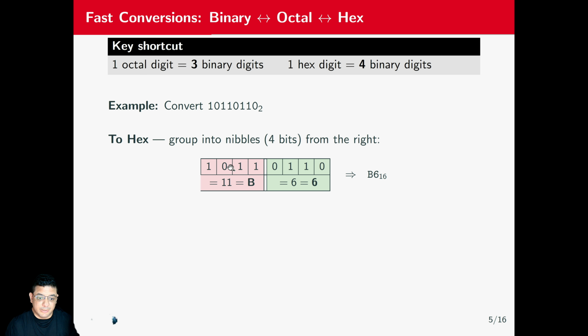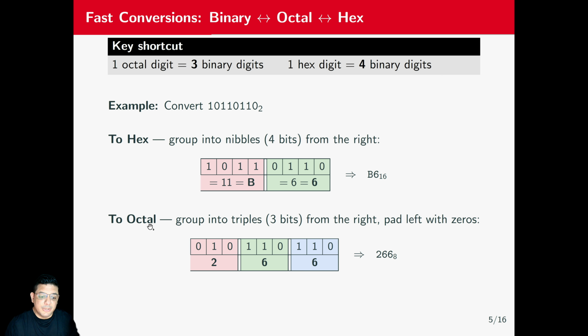So we can see this as 1011 and 0110. Notice that we're just breaking it into groups of 4. From before we saw that this is 11, and this is 6. So this is just B6 in base 16.